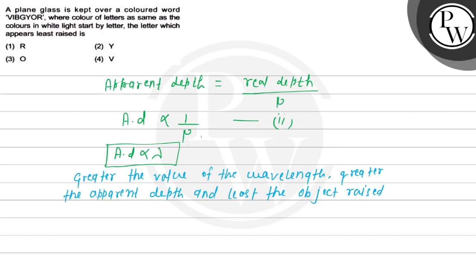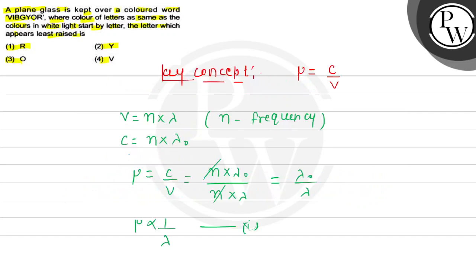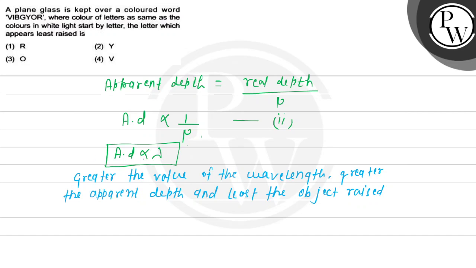So we have concluded from the two equations that AD, the apparent depth, is directly proportional to lambda.